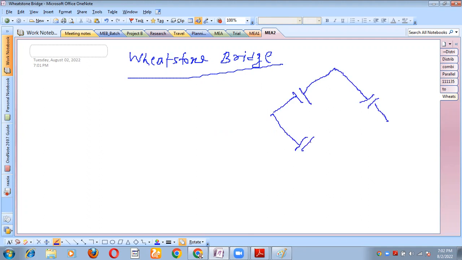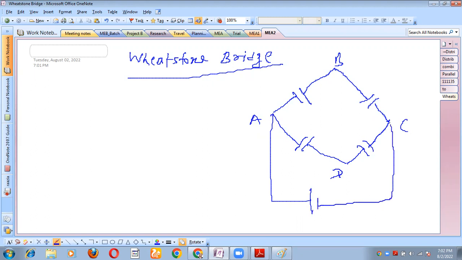So if four capacitors are connected like this, with points A, B, C, D, and it is connected to a battery, and suppose these capacitors are C1, C2, C3, C4, and this capacitor is C5, this combination is known as a Wheatstone bridge.